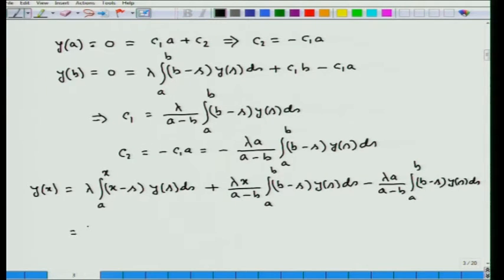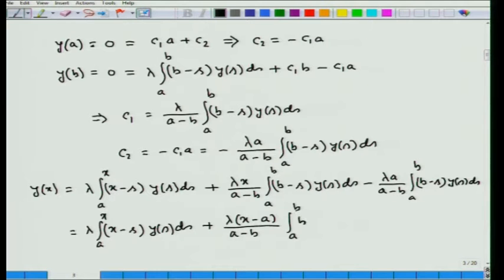In the last two integrals the integrand and limits of integration are all the same, so we can combine them to write lambda times (x minus a) divided by (a minus b) times the integral from a to b of (b minus s) y(s) ds.